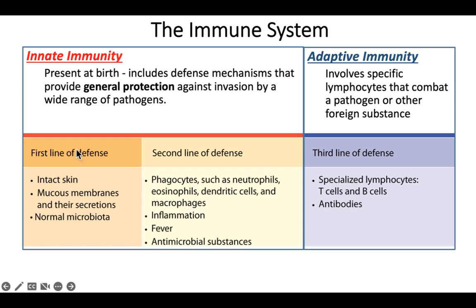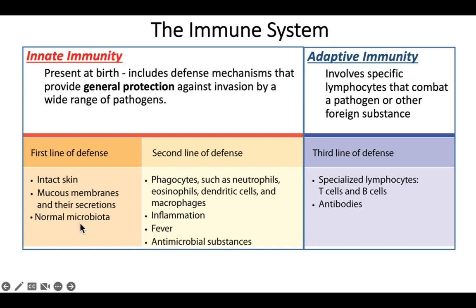Tracts are exposed to the outside, so we line those with mucous membranes. Those tracts would be your respiratory tract, your GI tract, your urinary tract, and reproductive tracts. Those are also areas where pathogens could invade the body.